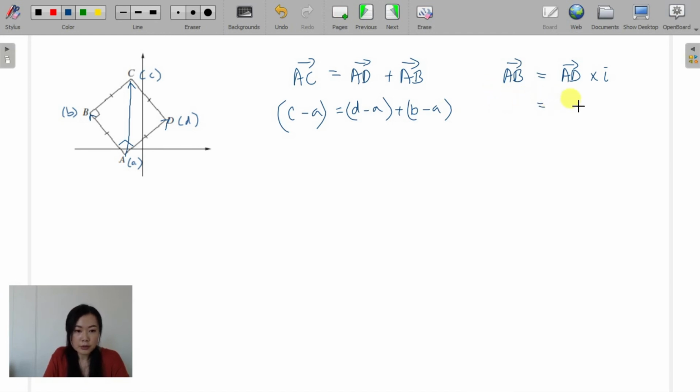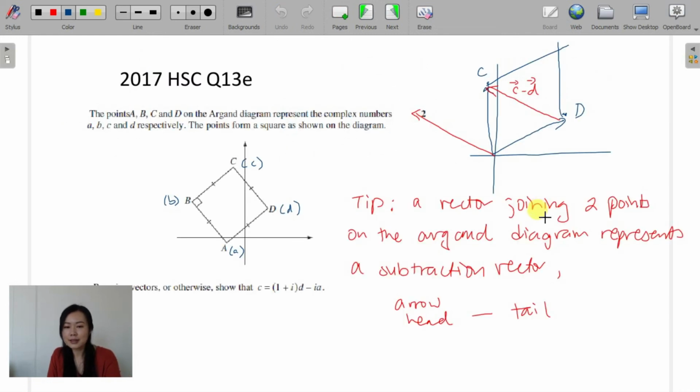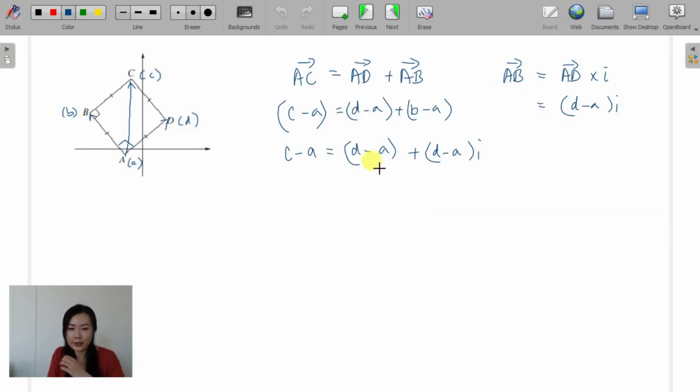So that equals D minus A times i. In other words, I can replace B minus A, which is AB, with D minus A times i. Now with that as my starting point, that looks good because I only want C, D, A, and I only have C, D, A now.